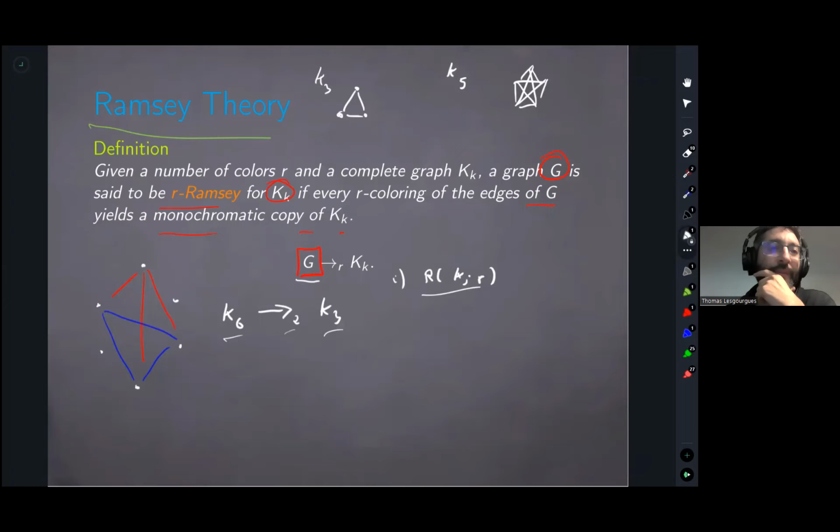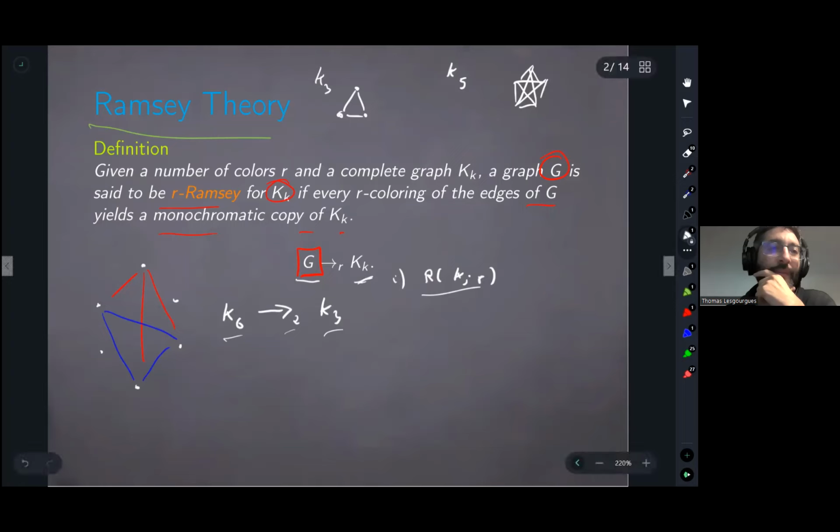But graphs that are Ramsey for K_k can be very different. You could think initially that you just take a graph large enough, and in the end you will have a monochromatic copy of K_k. But there are graphs that are not necessarily large, not dense, and that are still Ramsey for K_k.